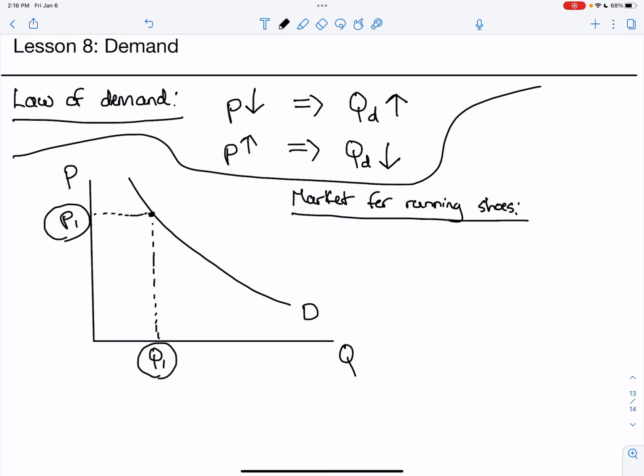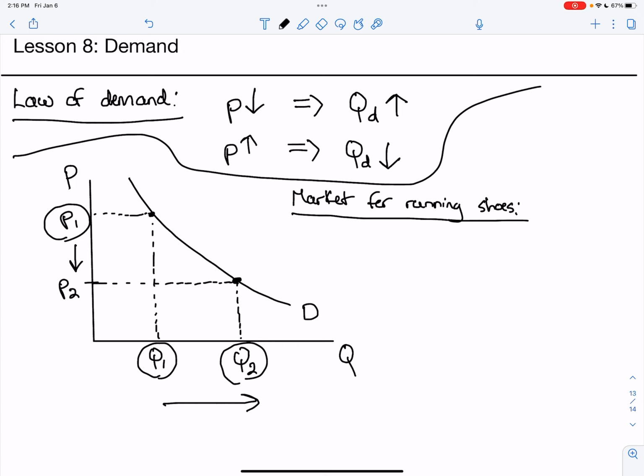All right. Okay. What happens if the price drops to P2? Well, as per the law of demand, consumers will now want to buy more of the good, and they will want to buy Q2, right? That's an increase in quantity demanded. Okay, so this brings us to an important insight about the demand curve itself.